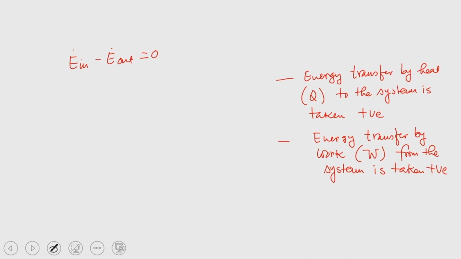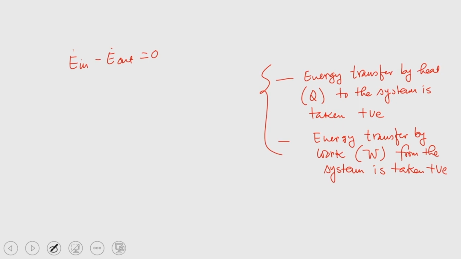That means if some amount of work is added to the system, it should be negative. So, following these two notations, which are largely followed, you can also consider the reverse, but accordingly you have to consider it for the rest of the analysis.